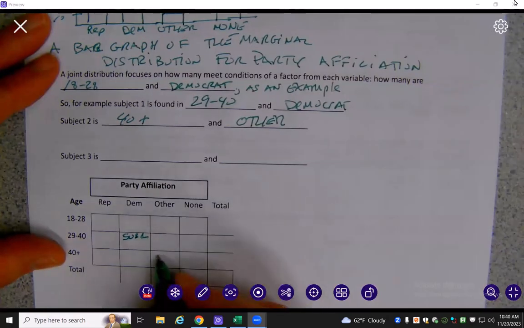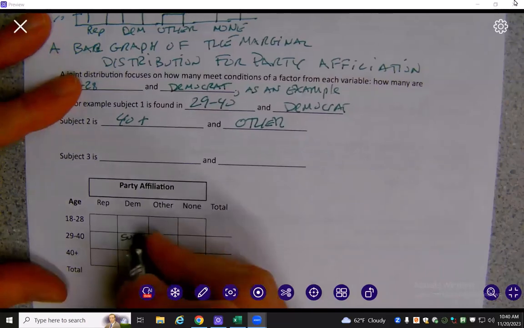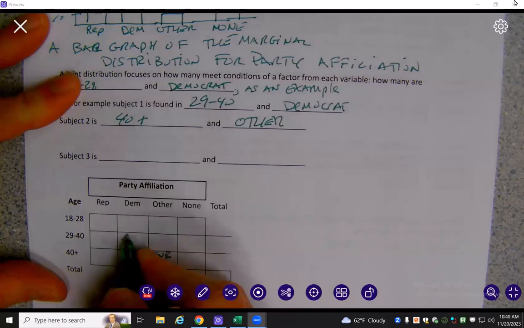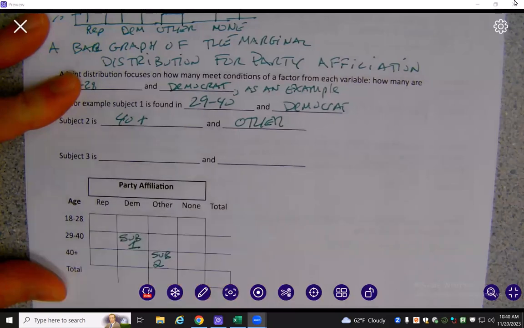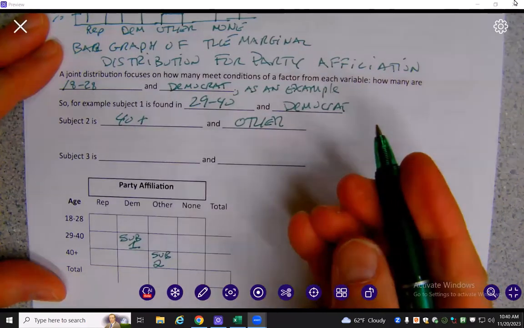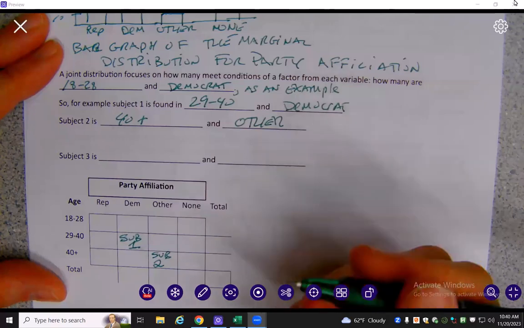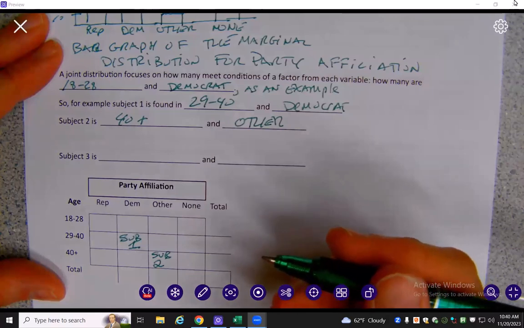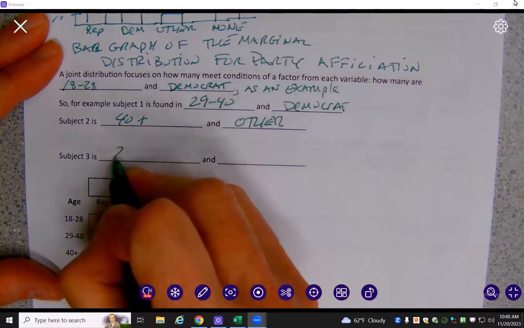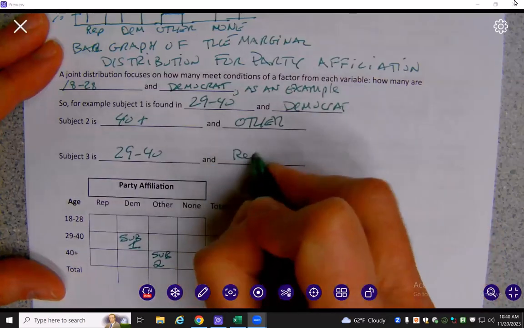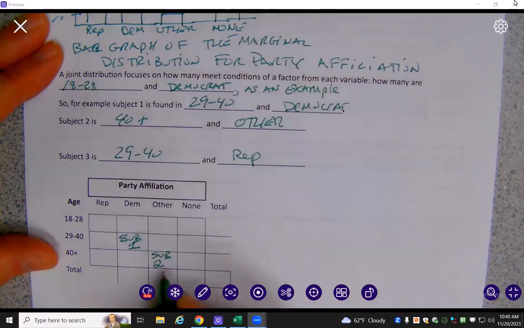So there's subject two, belongs right there. And lastly, where does subject three belong? Yep. And right, 29 to 40 and Republican. So subject three is 29 to 40 and Republican right here.